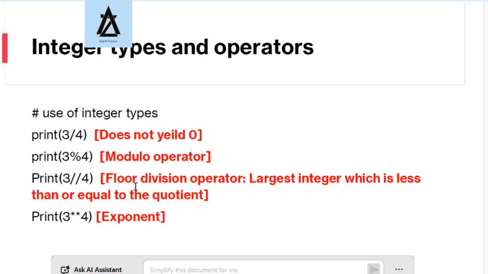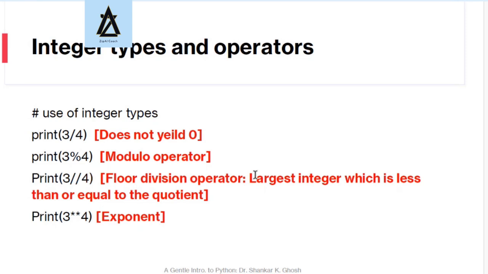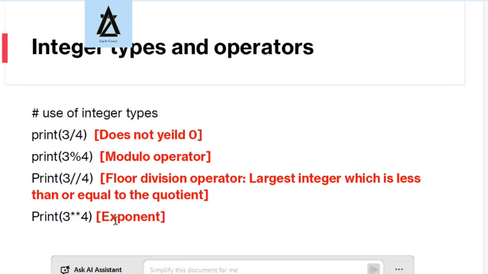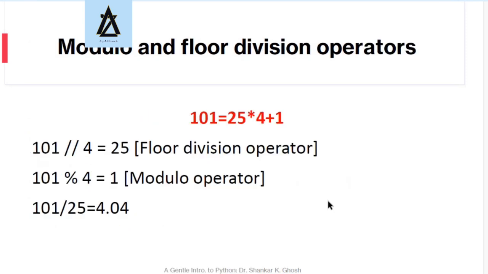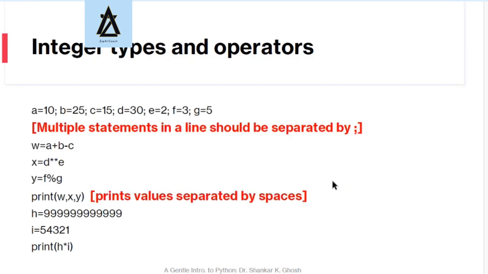This is new in Python, which is not in C. The floor division operator gives the largest integer which is less than or equal to the quotient. And then the exponent, this is how we write the exponent. It means 3 power 4. Here are some very simple examples; you will find them in the book also. So I suggest you go through the book.